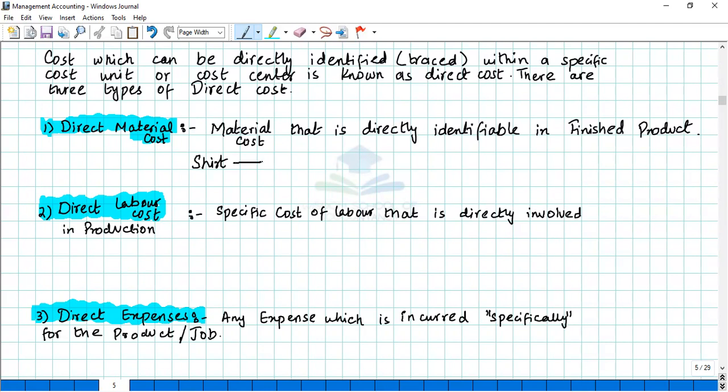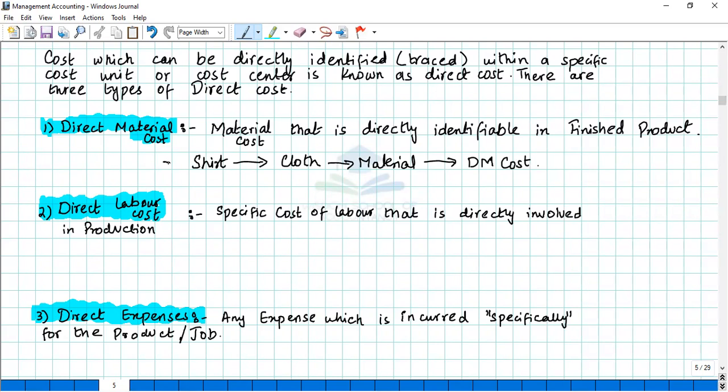Now what is the shirt made up of? It is made up of cloth, right? Now, when you see the shirt, you can directly identify that this is made up of cloth. Simple. So cloth is a material. And because you can directly identify this material, the cost of this material will be your direct material cost.